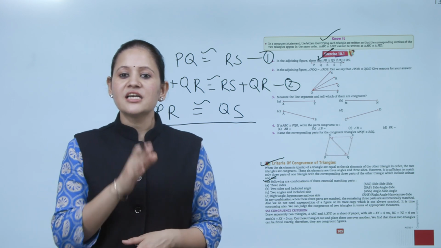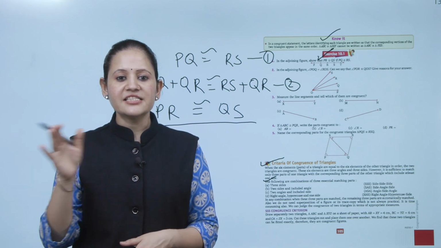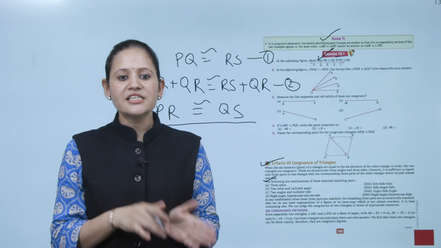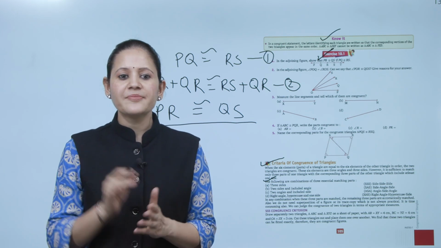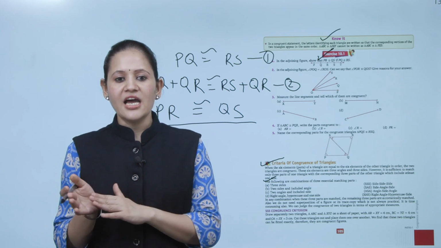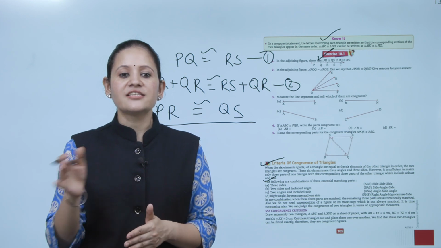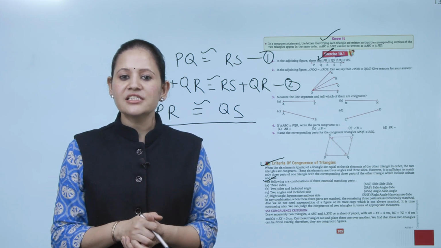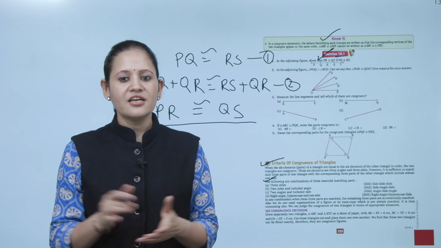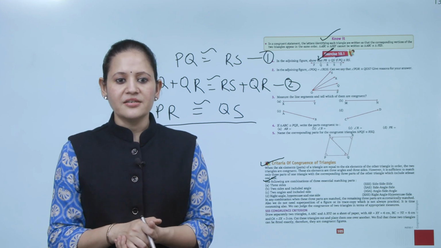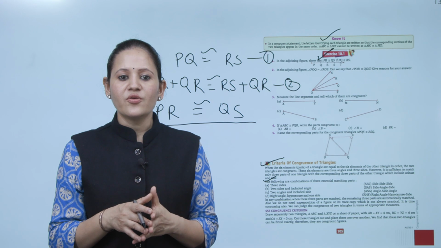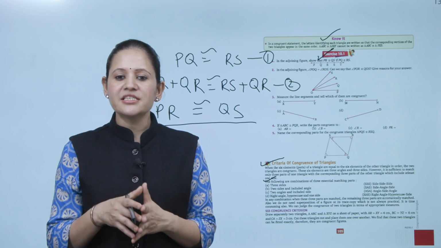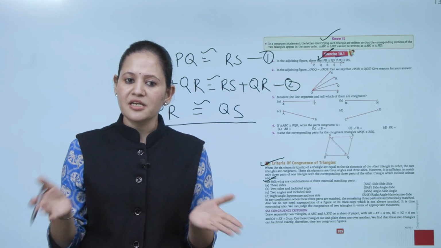3 sides, that means SSS; 2 sides and the included angle, SAS; 2 angles and the included side, ASA; right angle, hypotenuse and one side, RHS. In any combination, when these 3 parts match, the remaining 3 parts automatically match.